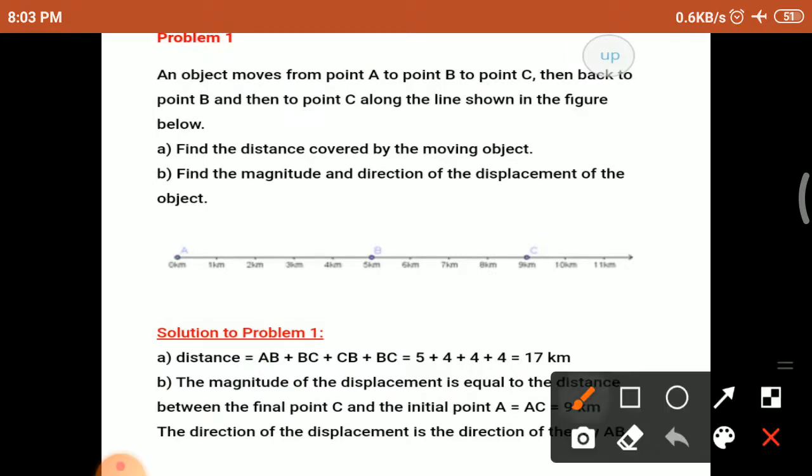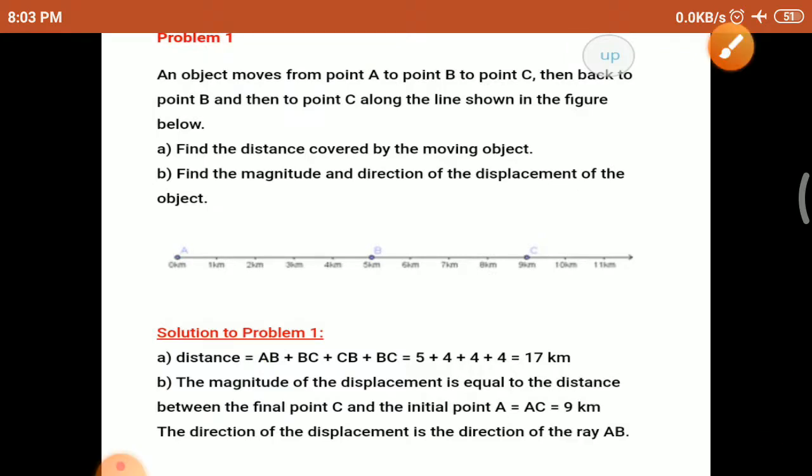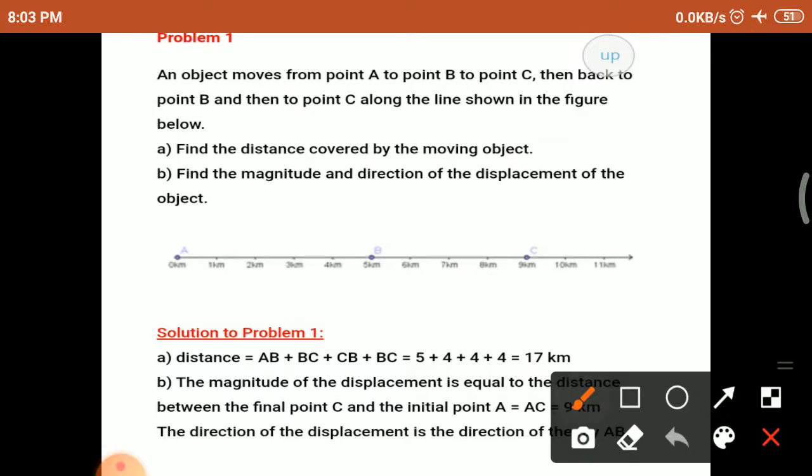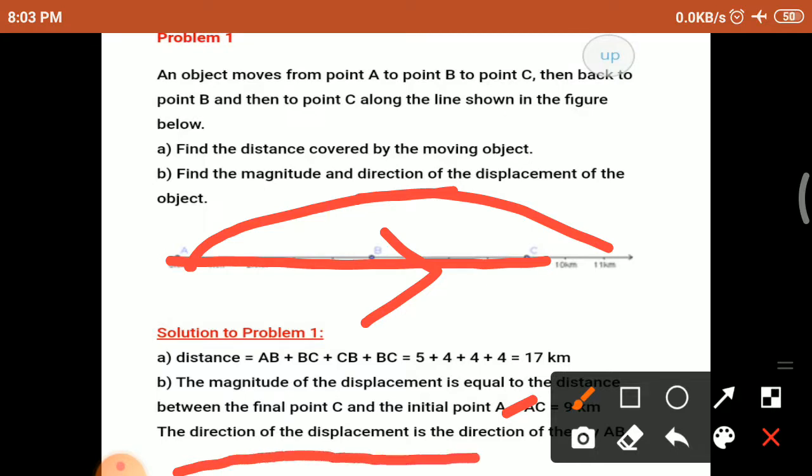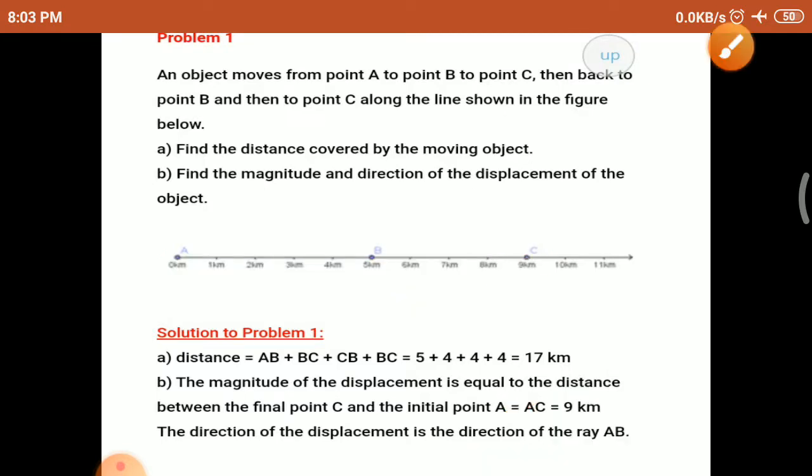So the displacement is 9 kilometer. And you have to say the direction of the displacement. A to C is the direction, so the direction of the displacement is the direction of the ray AB. Do you understand how to calculate distance and displacement?